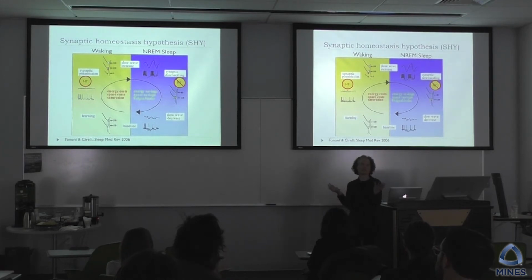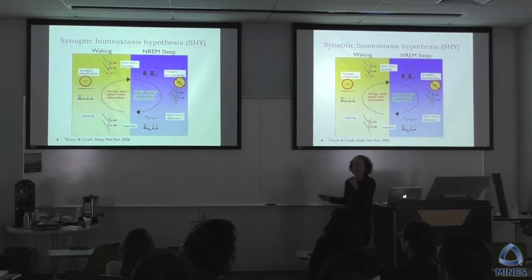How learning happens in the brain is that the synaptic connections between neurons get stronger. With learning, there's a process called synaptic potentiation, where the synapses are stronger. And stronger synapses are actually physically bigger in the brain. They take up more space.